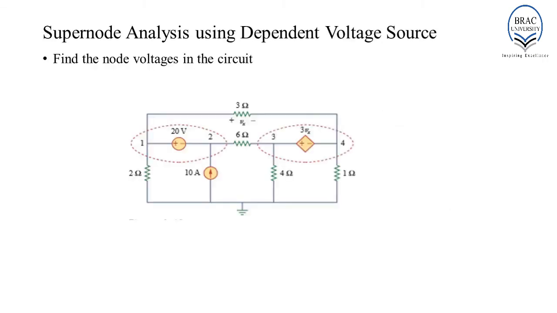The last topic to be covered in this lecture is supernode analysis using dependent voltage source. The approach is the same as we would do for an independent voltage source.